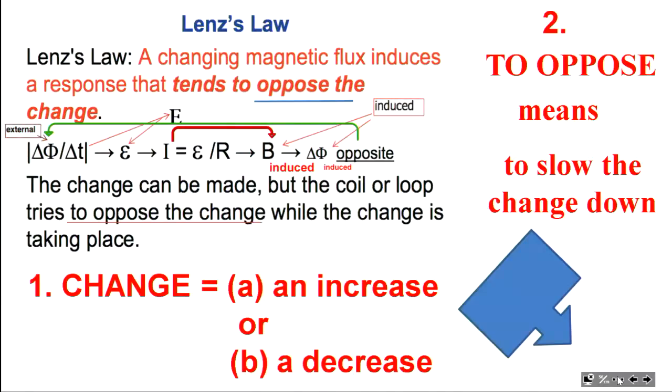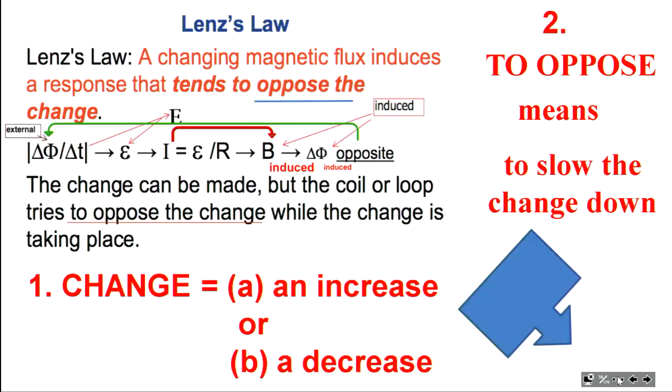And this is, we start thinking about how to use this. First of all, what kind of a change might happen when flux changes, or anything? That variable which changes only can increase in magnitude or decrease. So only two options for the change. What to oppose means to slow that change down.